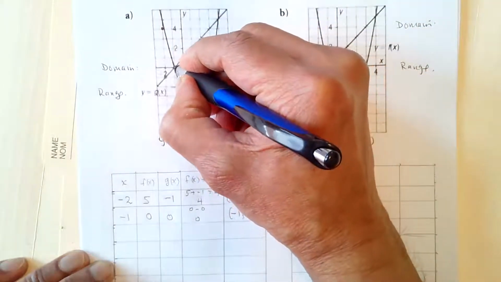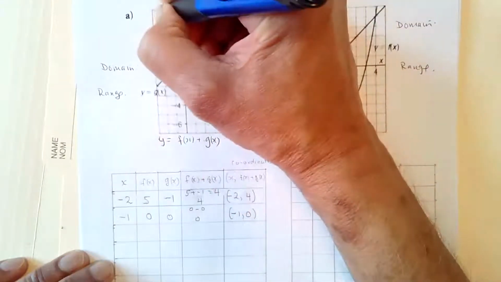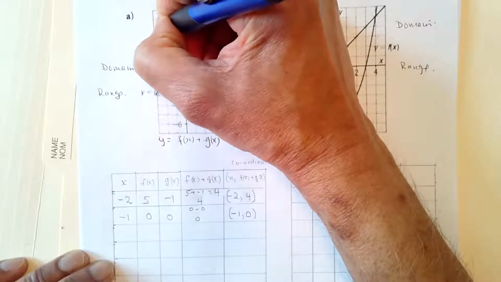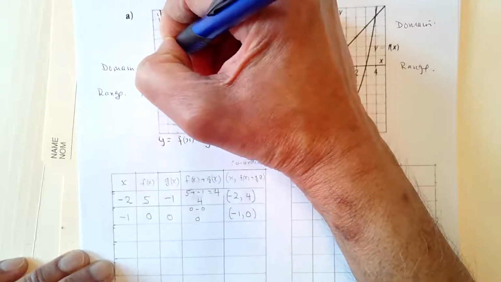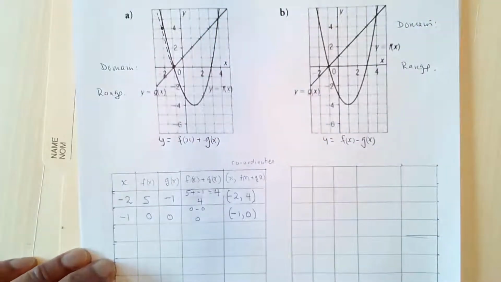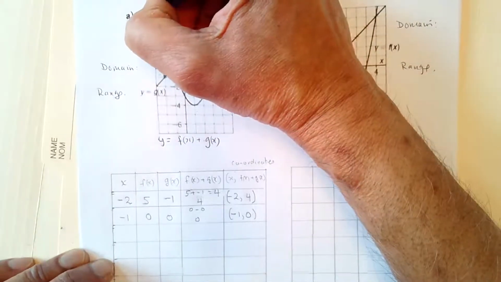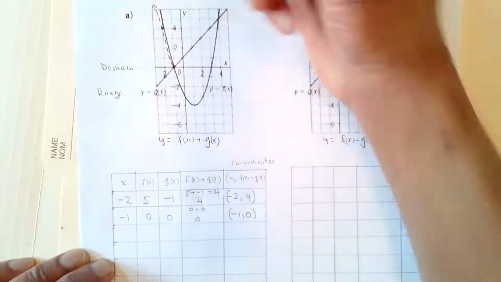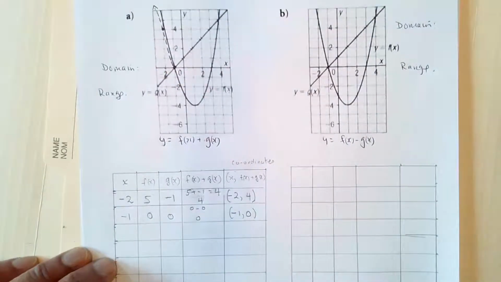That's my next point, and I can connect these points. I'll use a broken line to indicate that's my combined graph. And this graph is going up, so I'll indicate with an arrow.